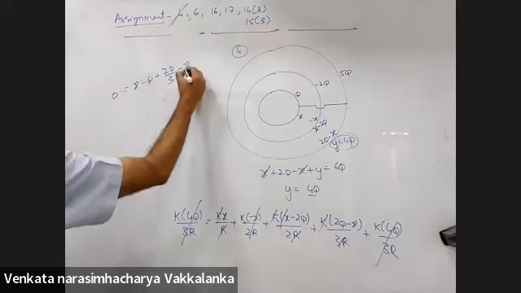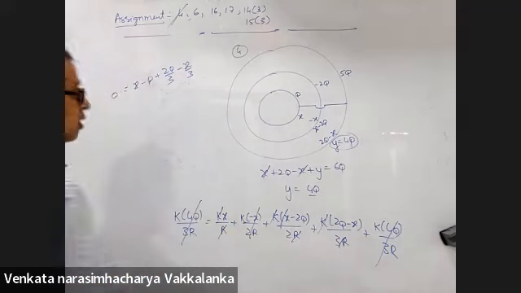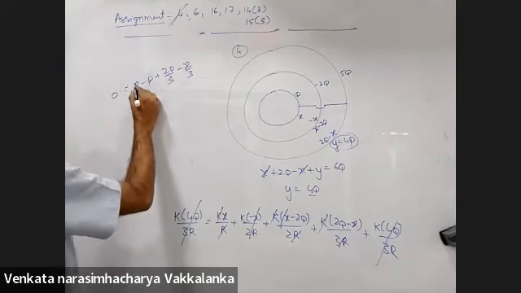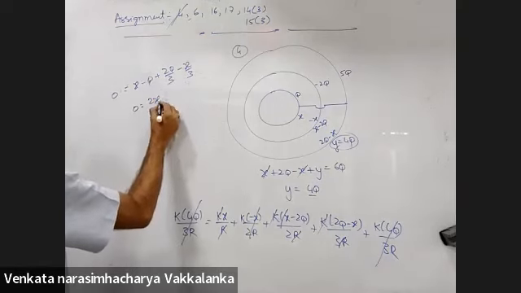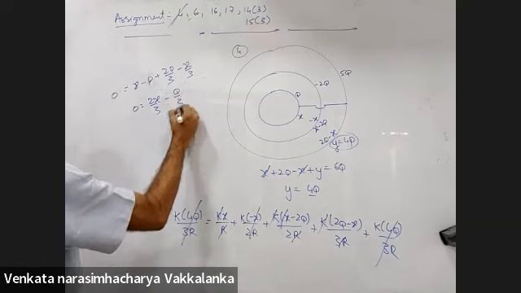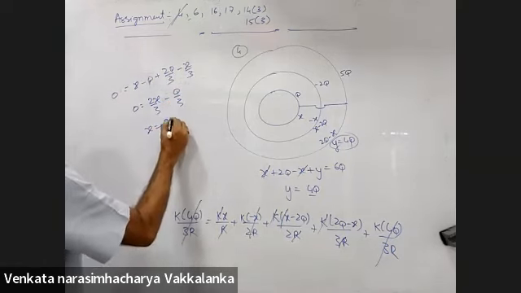Minus X by 3. So now it becomes 0 equals 2X by 3 minus Q by 3. X is equal to Q by 2.